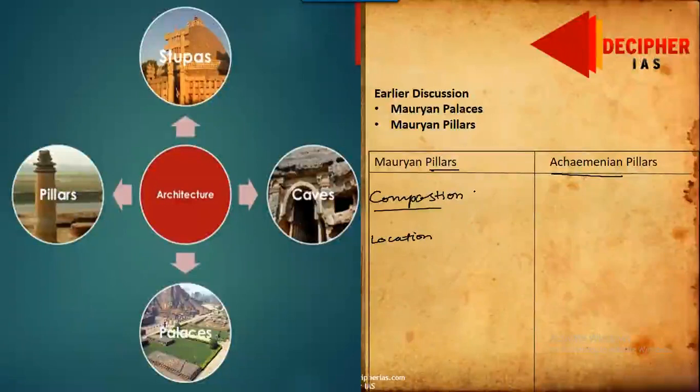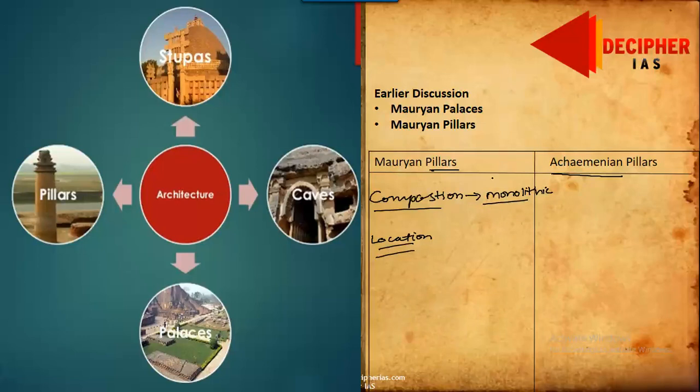As far as the composition of Mauryan pillars is concerned, these pillars were monolithic in formation. The shaft of the Ashokan pillar was essentially monolithic, carved from a single piece of stone, mainly Chunar sandstone, as we discussed in the last lecture.